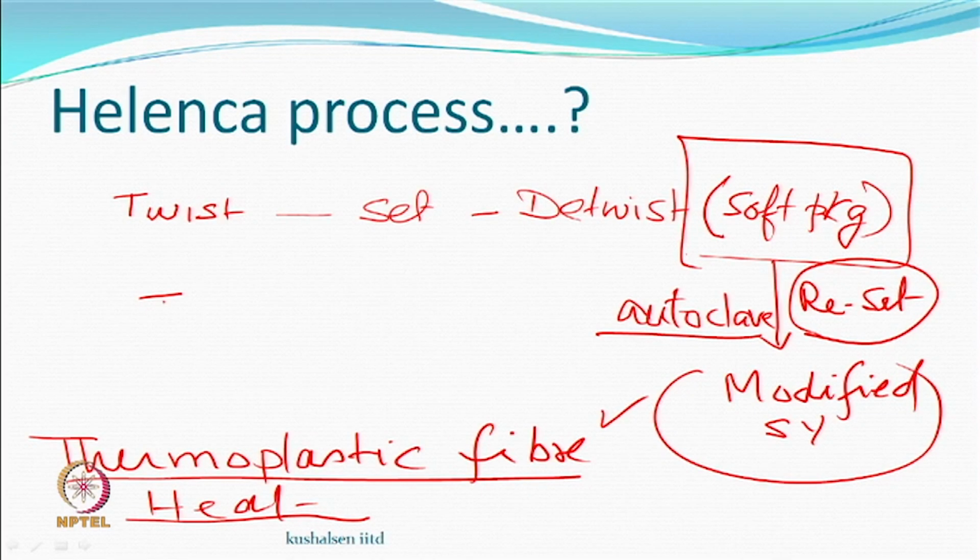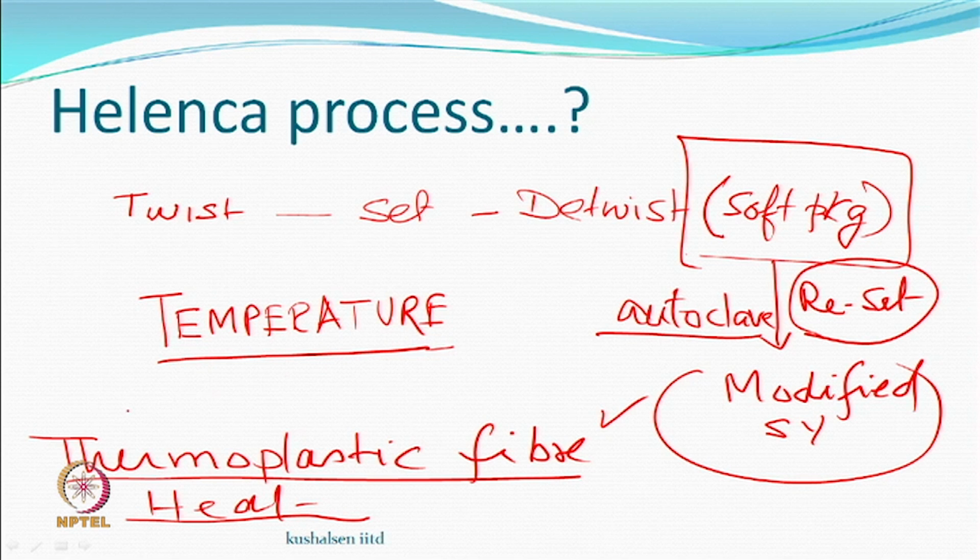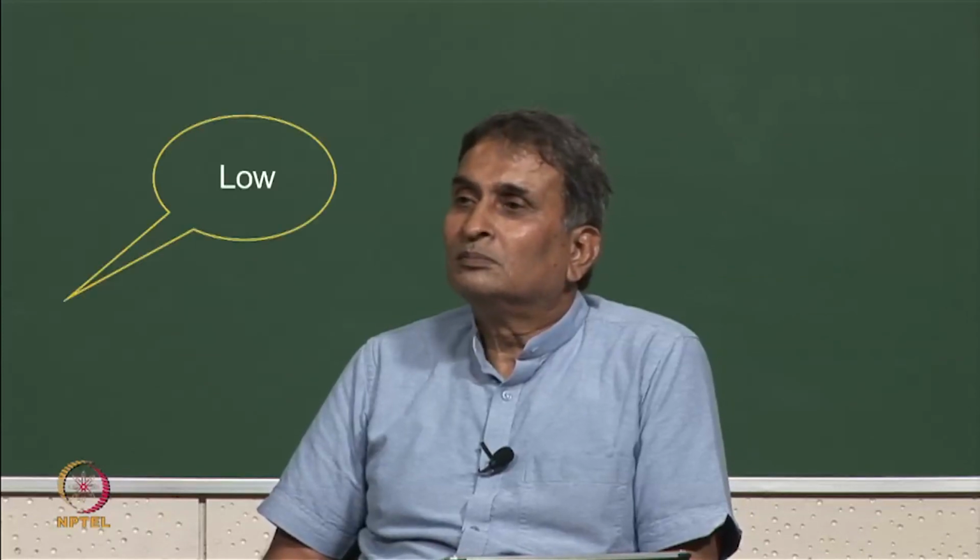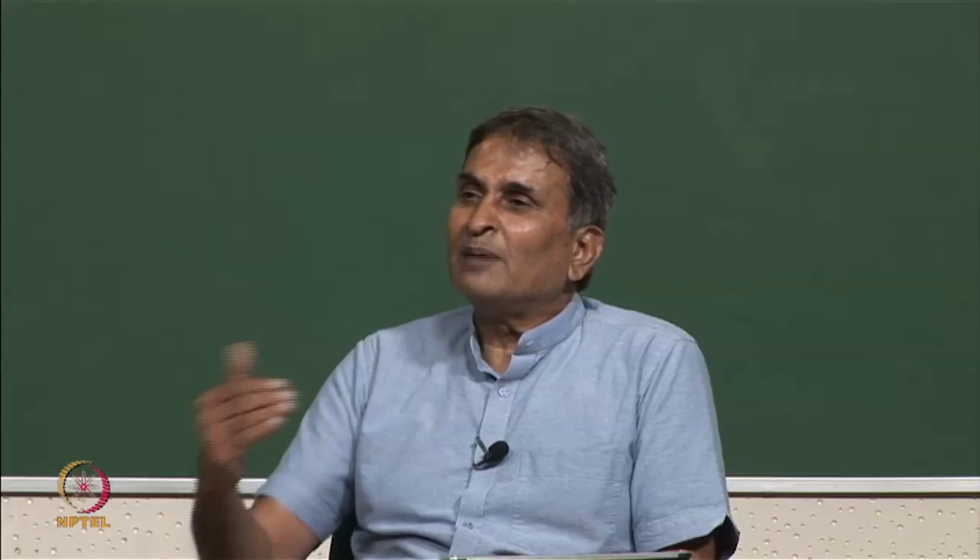So, one part that he just said is the temperature of resetting could be different. So, should it be high or should it be low? Low. That means the second heating cycle would have a lower temperature than the primary or the first heating cycle, right.